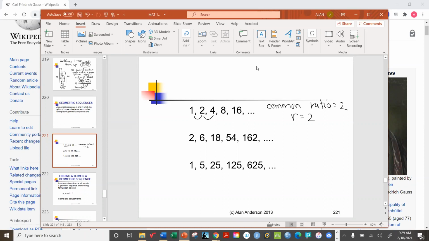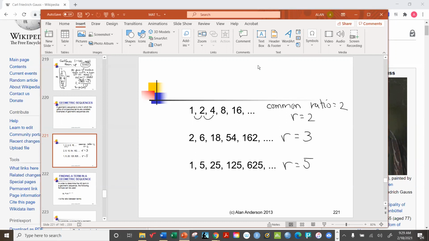What's the common ratio down here? Ooh, don't be shy. What's the common ratio? 3, exactly. How about this one? 5, precisely, yes. So you get the idea.